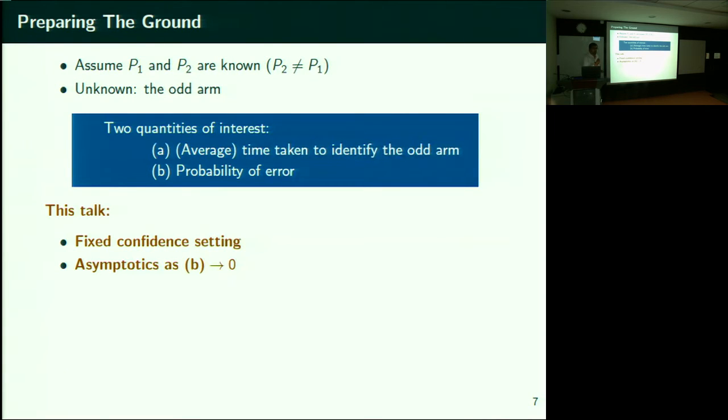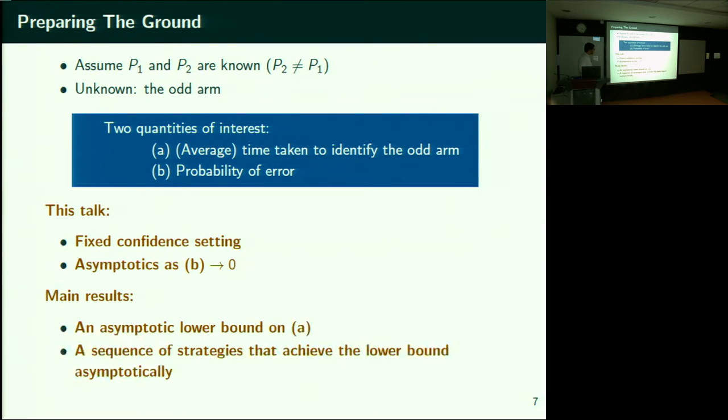The smaller the probability of error I give you, perhaps the longer you will wait to tell me the answer with that much confidence. You have to be very confident when I give you a very small probability of error. So it's intuitive to expect that this time grows as the probability of error decreases. At what rate does it grow? Can we capture that growth rate? That's the question.